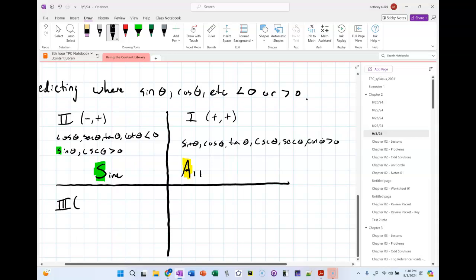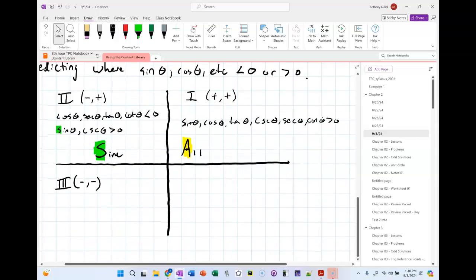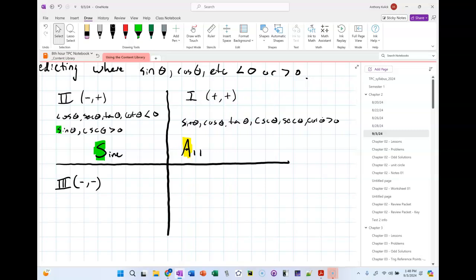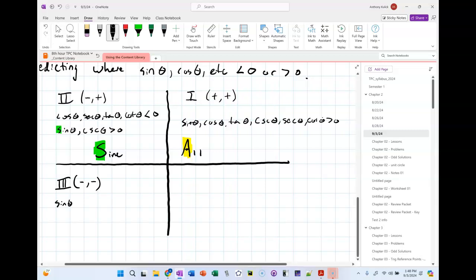In quadrant 3, x is positive or negative? Negative, and y is negative. So anything that involves just one of x or y is negative, but anything that involves both of them is going to be positive, right? Because negative over negative is positive. So I know that sine, cosine, cosecant, and secant are all negative, but tangent and its reciprocal, cotangent, are all positive.